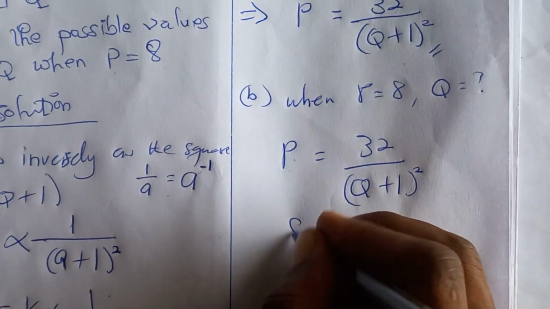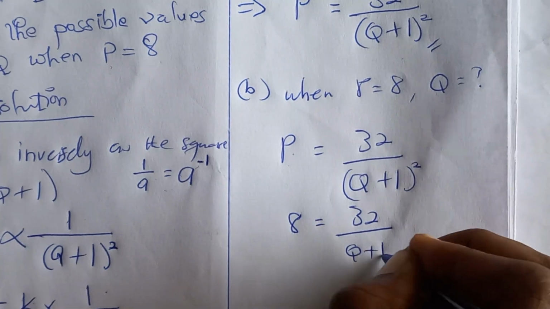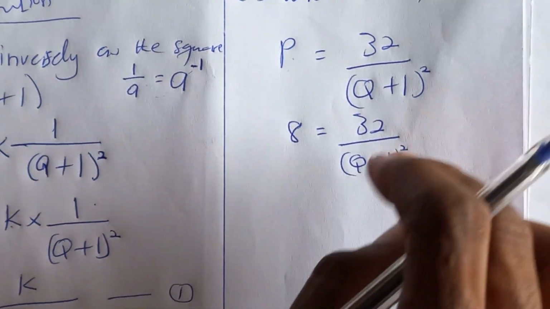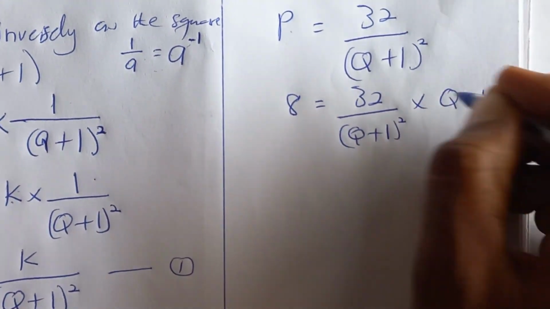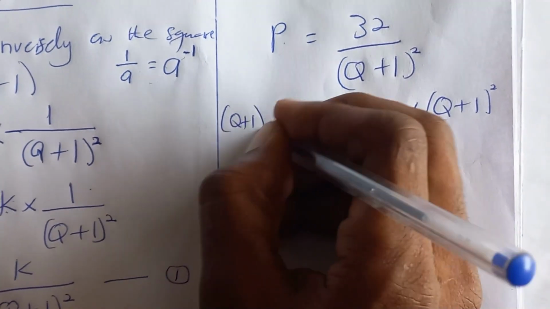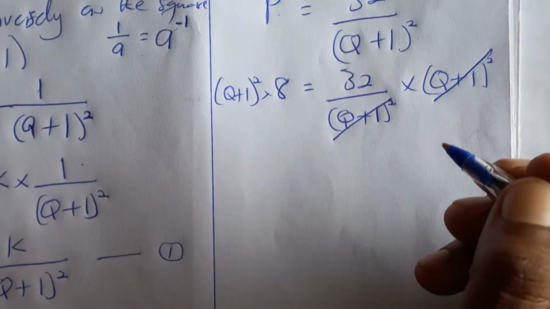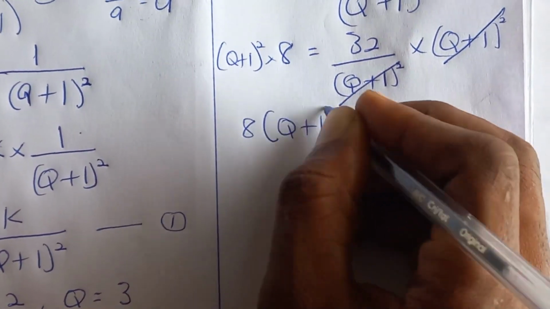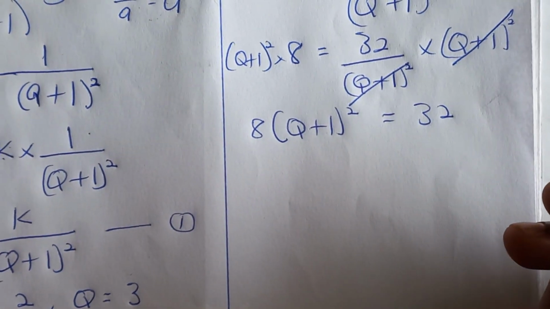So we say that 8 is equal to 32 on Q plus 1 all squared. See? So we can multiply both sides by Q plus 1 all squared. So this one will cancel this one here, leaving 8 into bracket Q plus 1 all squared is equal to 32.